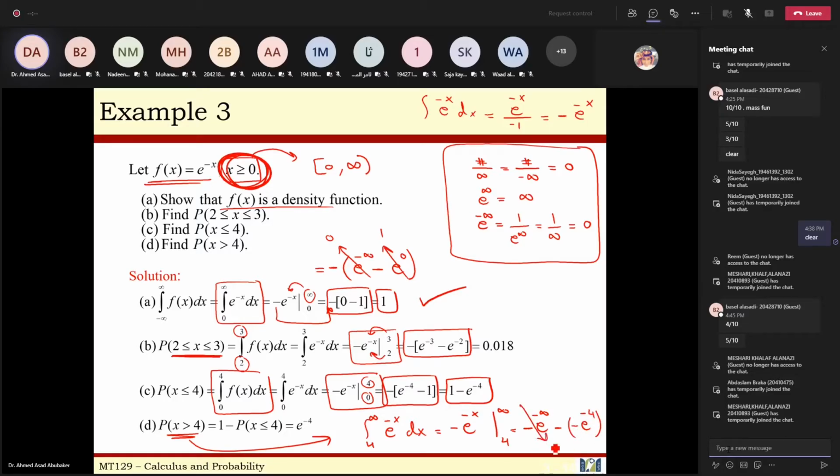This is 0, so we have negative negative, equal to positive e to the power negative 4. Or we can do 1 minus the less-than probability, converting greater than to less than, and use this one.